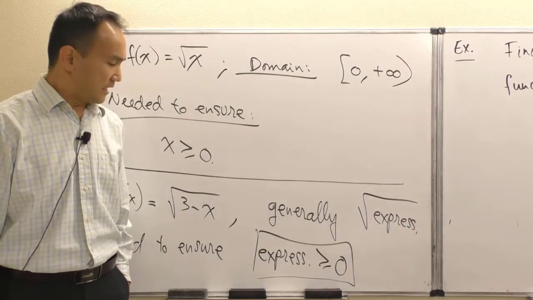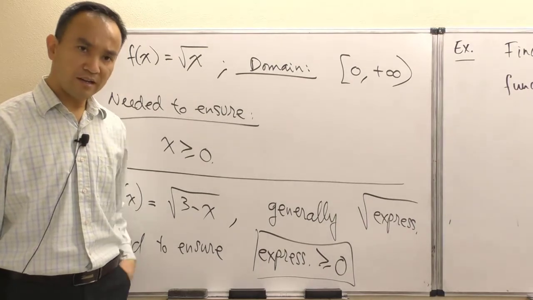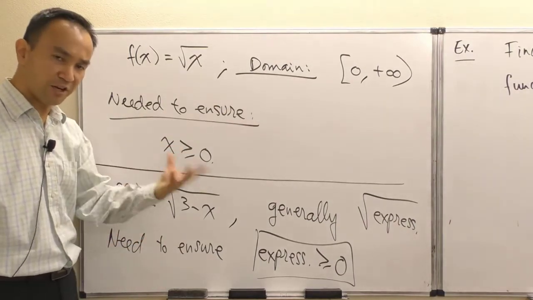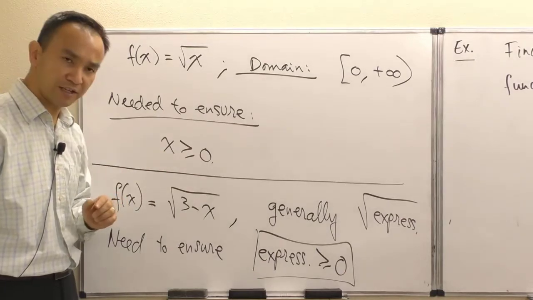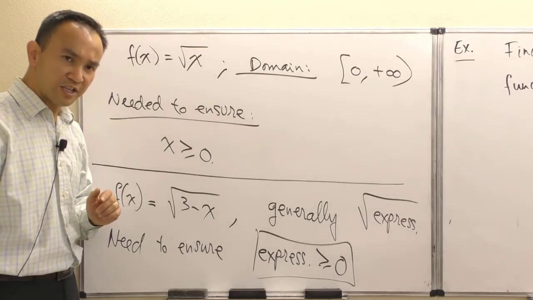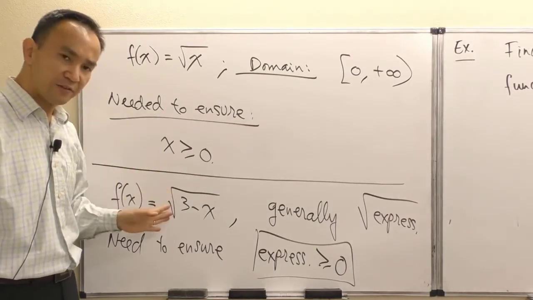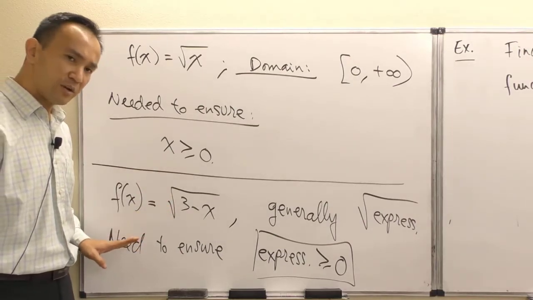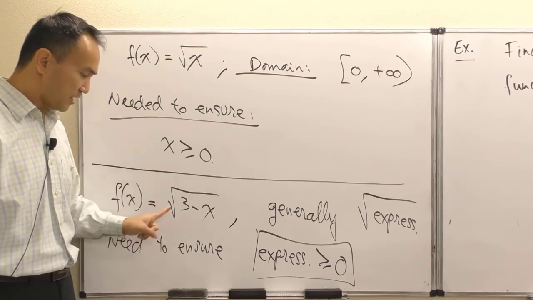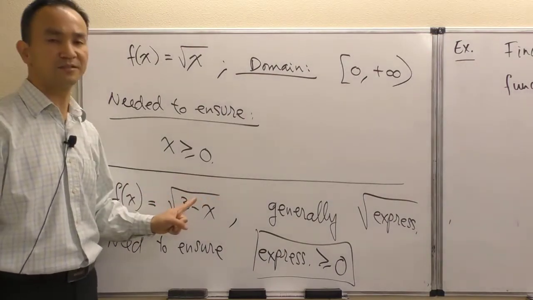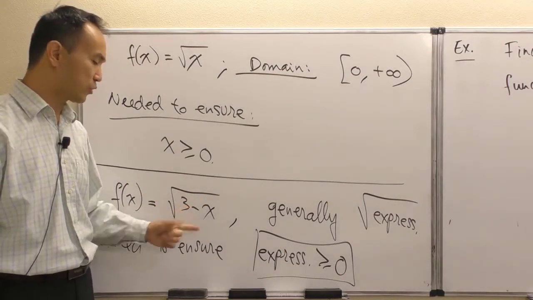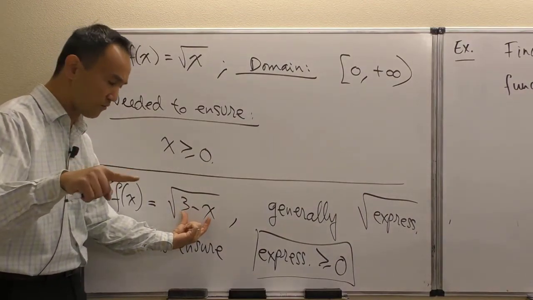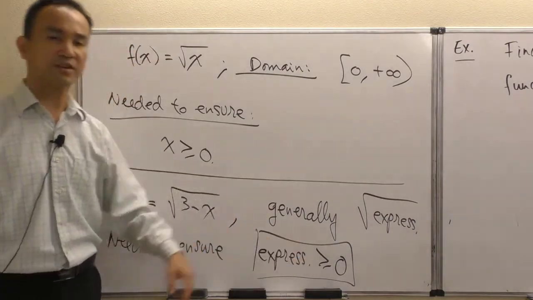Now after we take that generality, let's get back to the other board and start firing up our next example, which we call example 6, where we're going to start diving in further. The only fundamental I want to make sure everybody understands is that anytime we have a square root involved in our function, we need to ensure that the entire expression inside the square root is greater than or equal to 0.